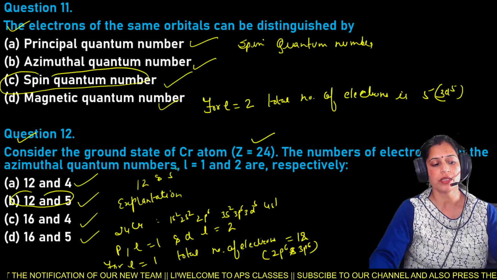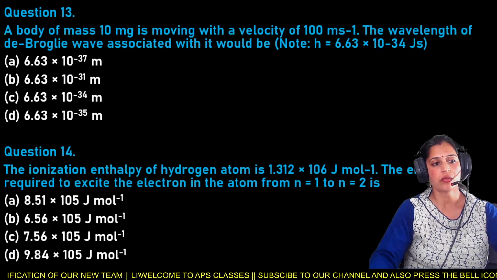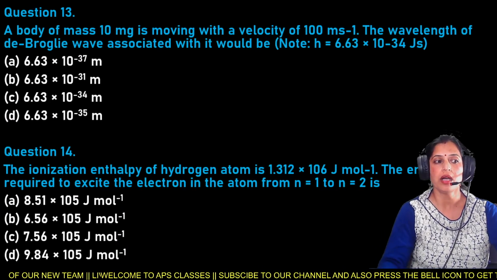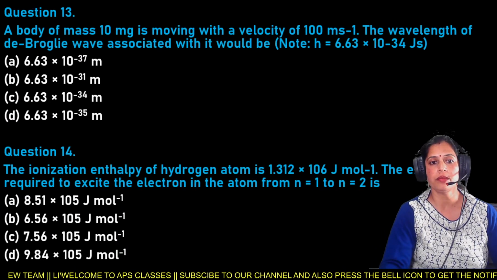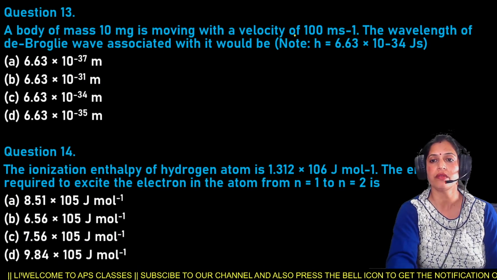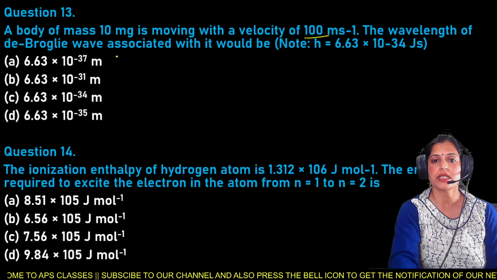Next is question number 13. A body of mass 10 milligram is moving with a velocity of 100 meter per second.